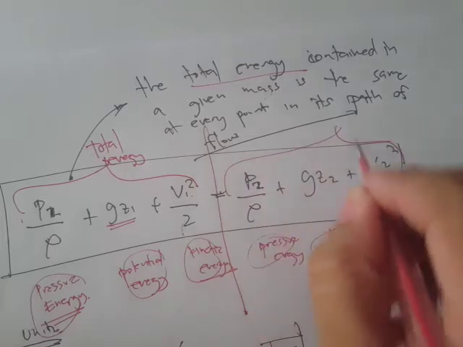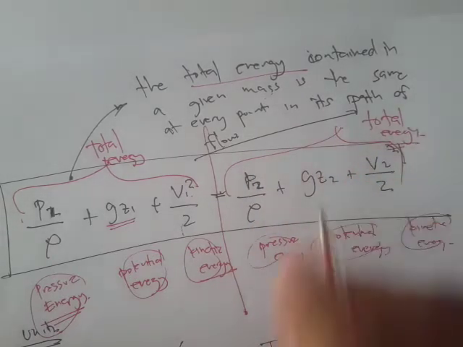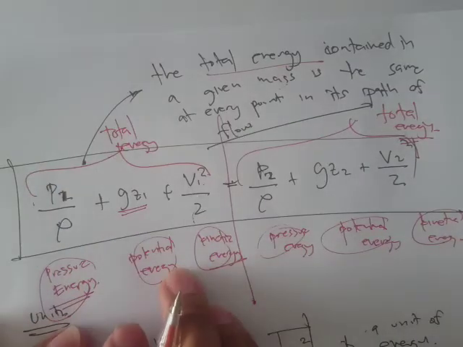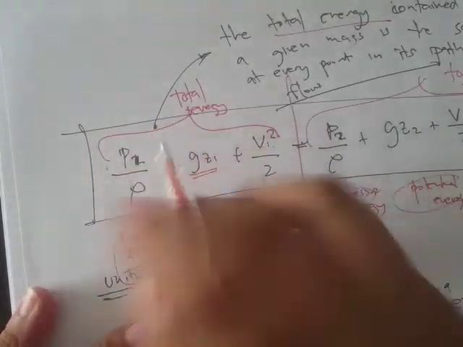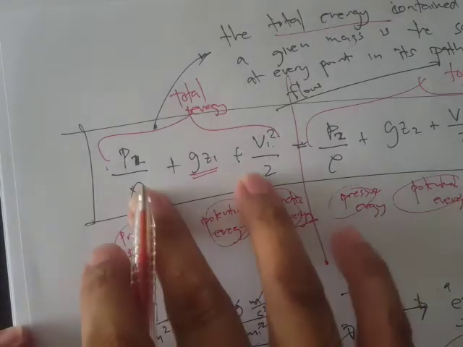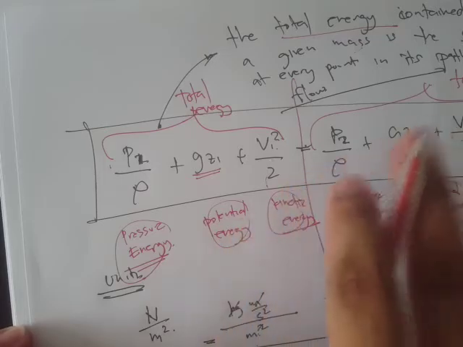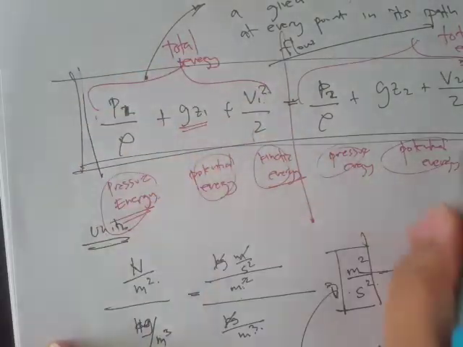Then point 2 also has total energy. So what it means is that the overall is the same, but the magnitude or the values of each term may vary. But if you sum it up, it is the same as the total energy at point 2.